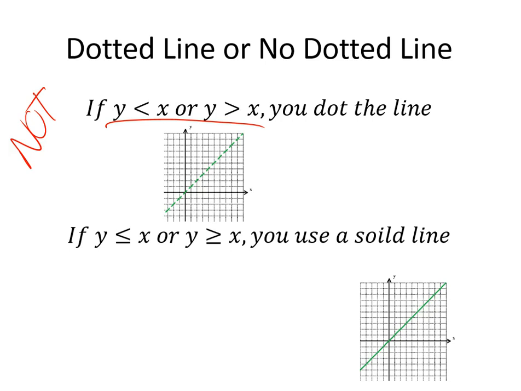If it is equal to, so less than or equal to or greater than or equal to, then we will be including it. So yes, we do include the line, so we do a solid line. That's the difference between dotted lines and solid lines. If your inequality's greater than or less than sign has a solid line at the bottom, then it will be a solid line. If it doesn't, it's a dotted line.